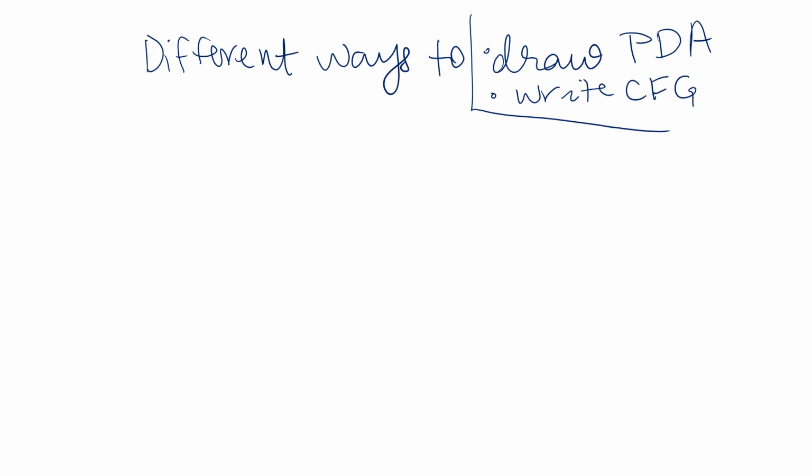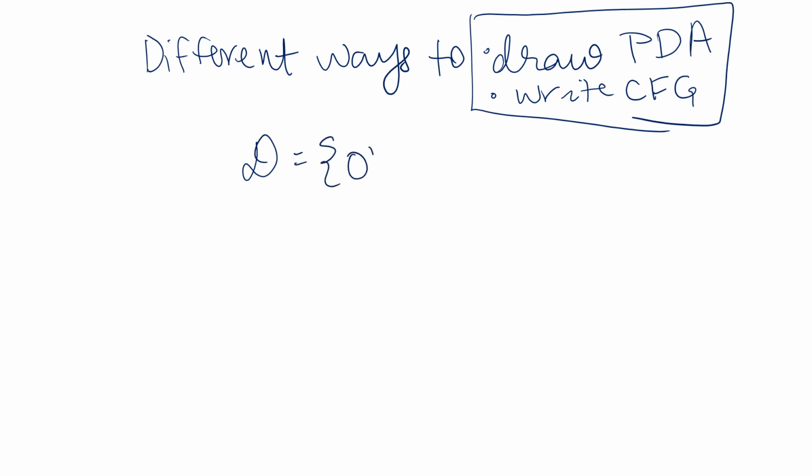One thing I want to point out is that there are different ways to draw a pushdown automata and to write a context-free grammar. So let's take a look again at our language that we've had, which is 0 to the k, followed by 1 to the k for k greater than or equal to 0.